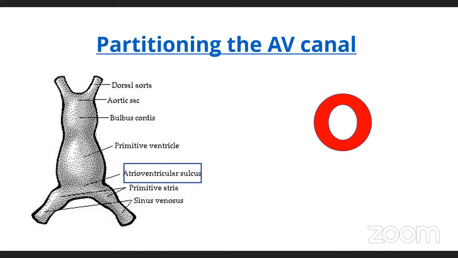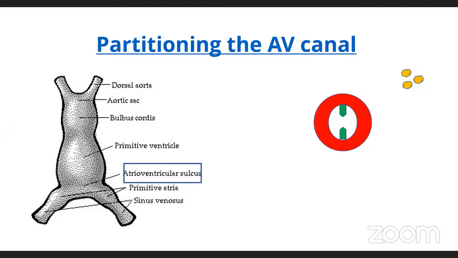There are some neural crest cells which will migrate into this area and form little cushions at the posterior and anterior portions, and they are called the endocardial cushions.